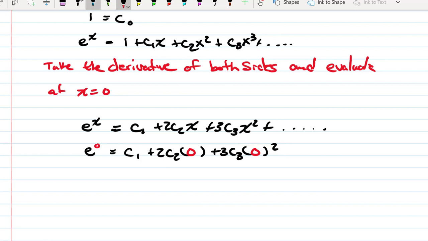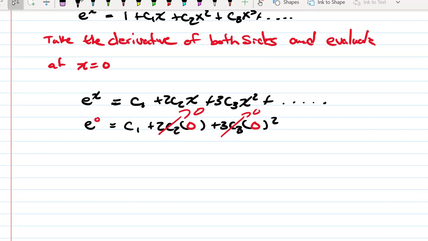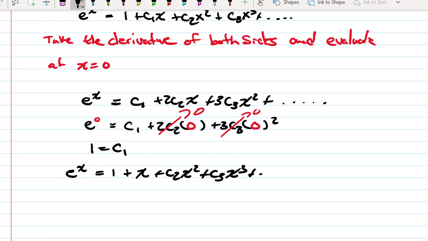And as we see once again, all of the higher order terms are going to have a factor of 0, and 0 times anything is 0. So we get 1 is equal to c1. Then that gives us e to the x is equal to 1 plus 1 times x plus c2x squared plus c3x cubed plus on forever.